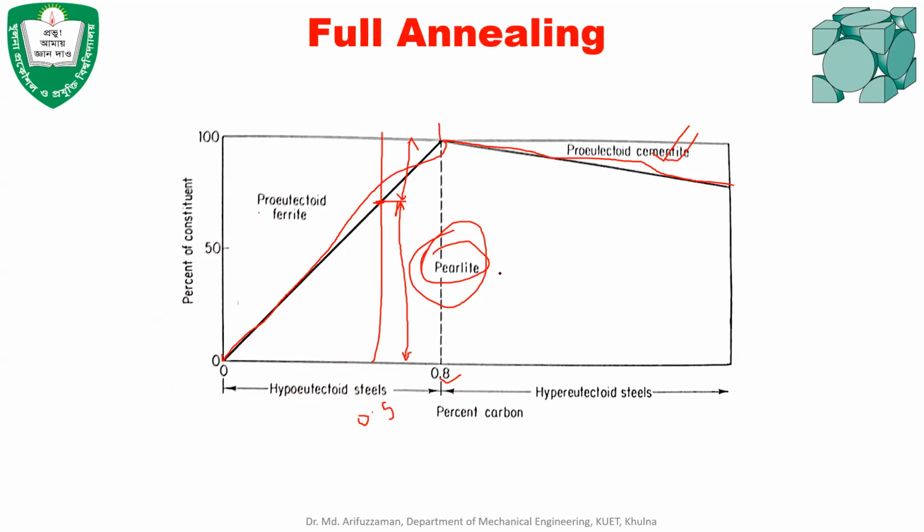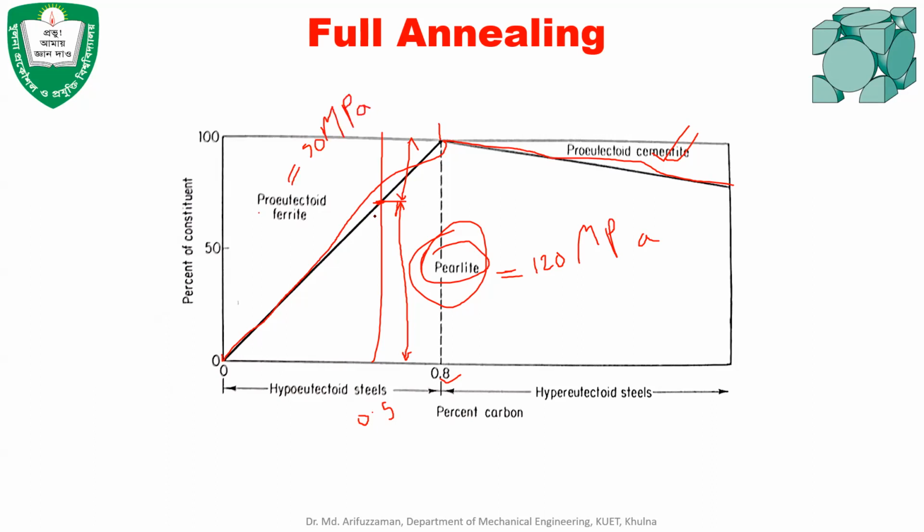Okay, let's say the pearlite has a tensile strength of 120 megapascal, for example, and ferrite has a tensile strength of 50 megapascal.